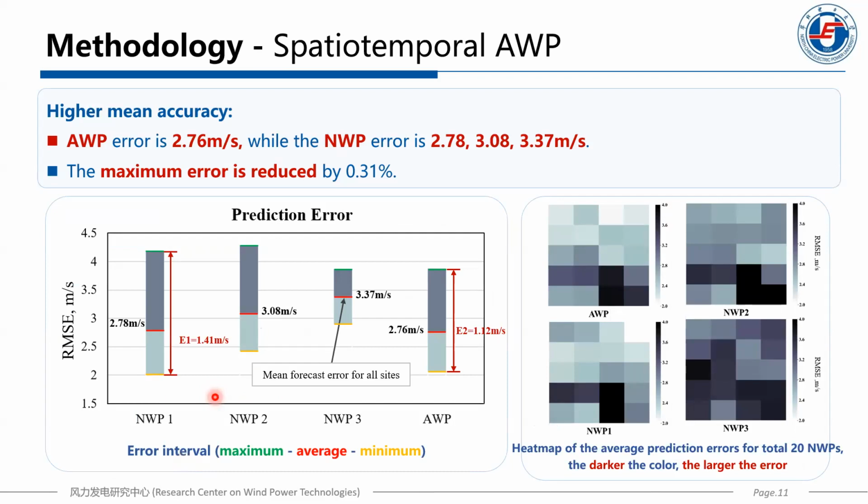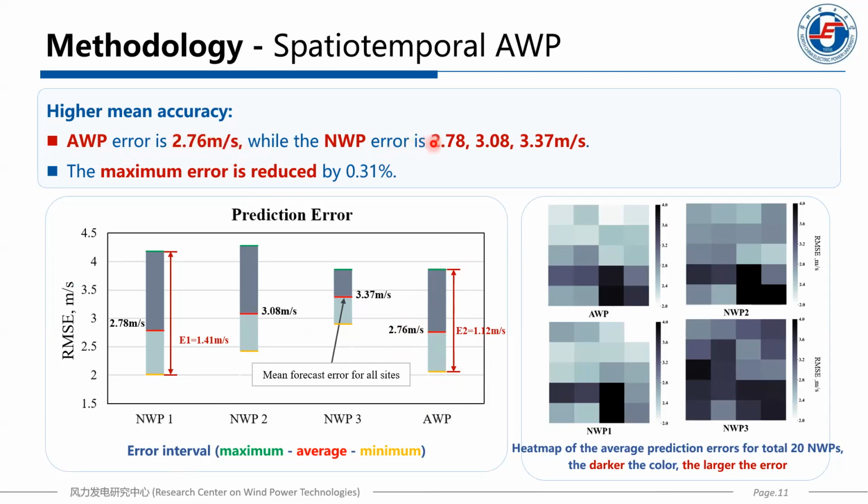And here shows the general error results. Here you can see these 3 sources of NWP data, and also our proposed AWP data. You could see that the average error is nearly the same.